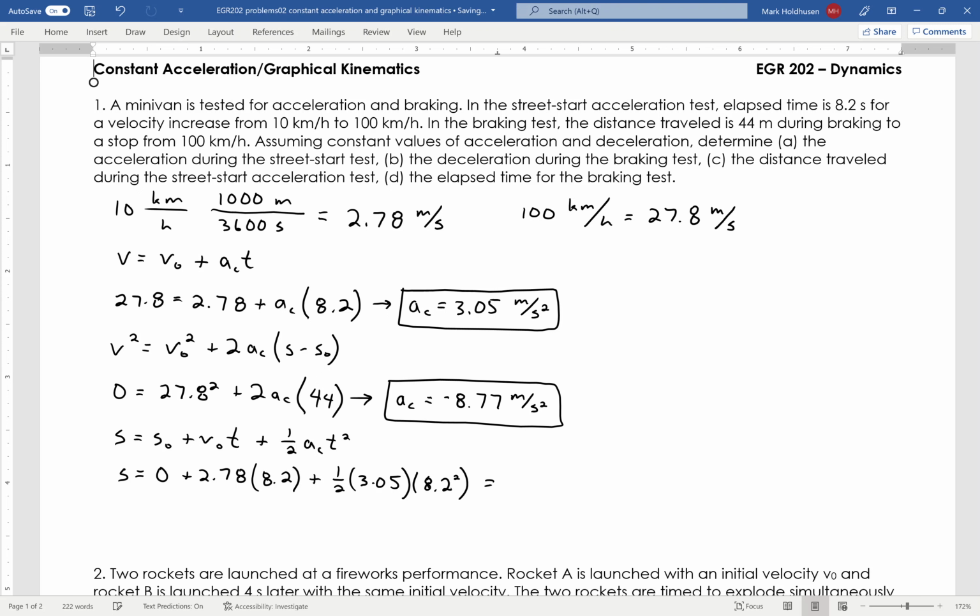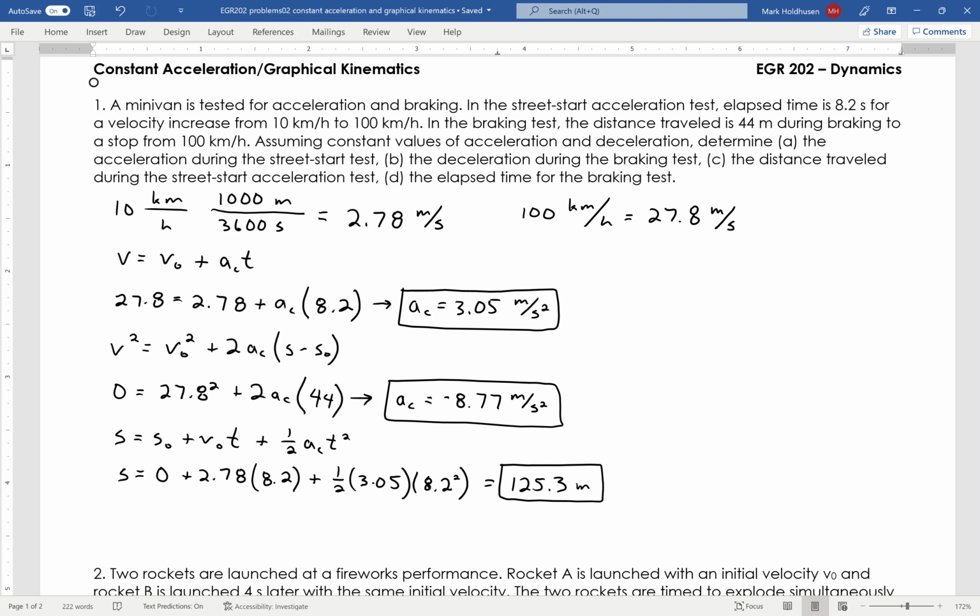From this, I can find my position at this point to be 125.3 meters. And again, I can use this equation because I know my acceleration is constant. I've already calculated that acceleration to be 3.05, and I just plug in the 8.2 seconds to figure out how far it travels during that process.